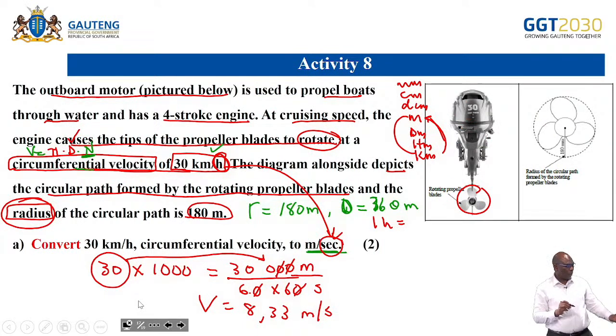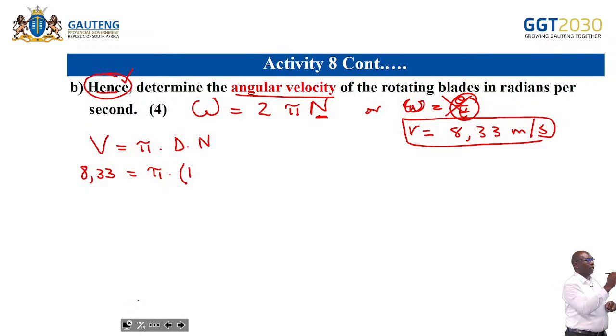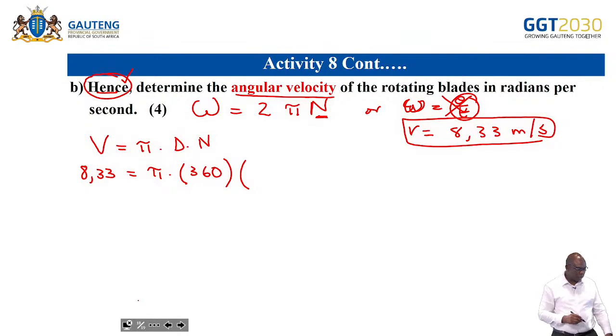Now, because we need that in meters, I'm going to put that as a diameter, as a radius, by the way. The radius is 180 meters, so I need 360 meters there. And I've got the number of revolutions. What will be the number of revolutions there?